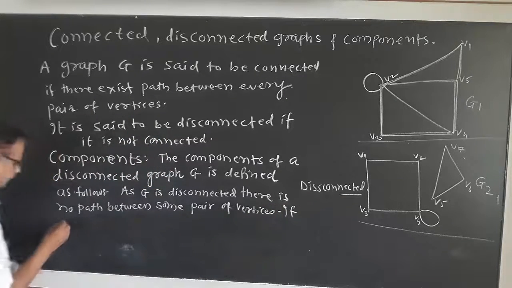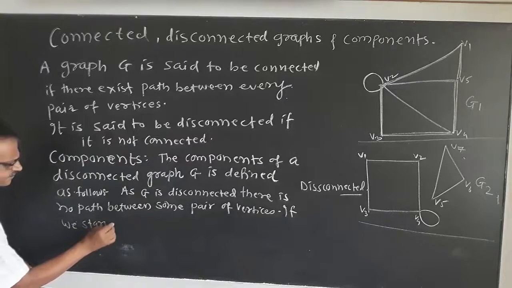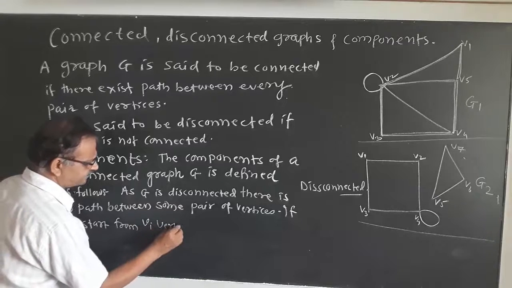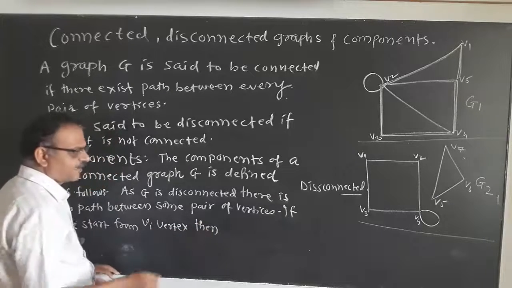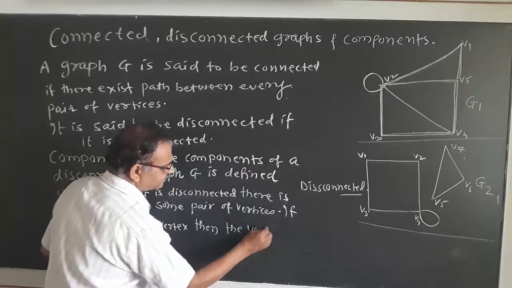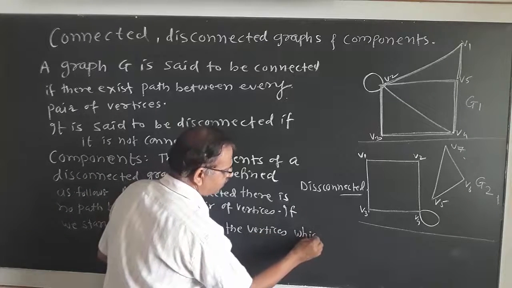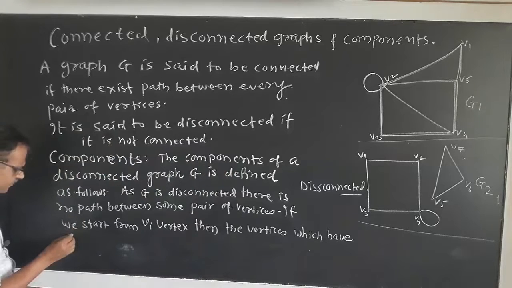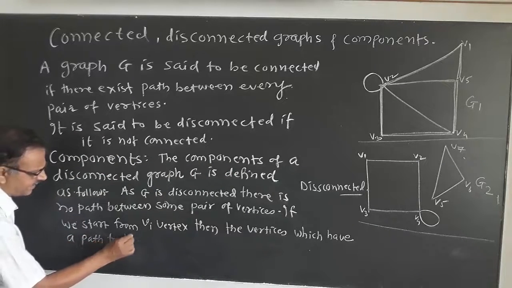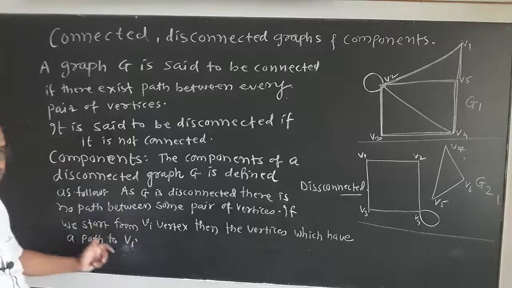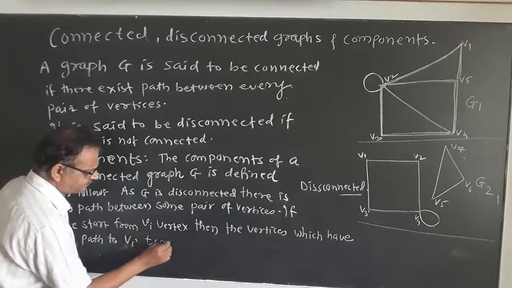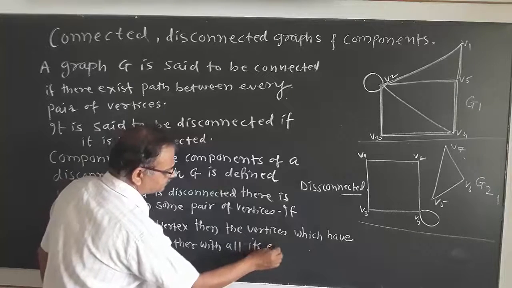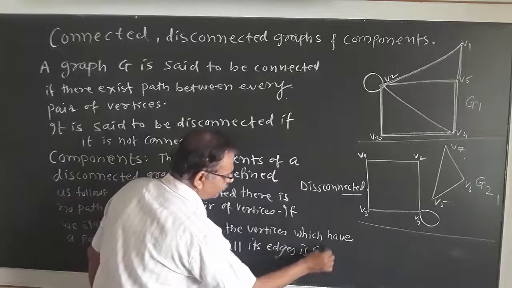If we start from V1, vertex, then the vertices which are connected by a path, which have a path to V1, the vertices which have path to V1 together with all its edges is called as component.